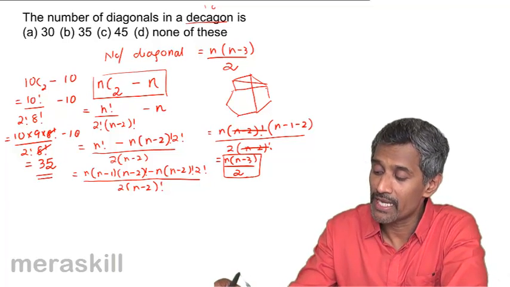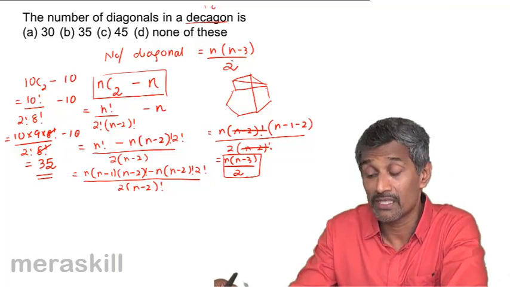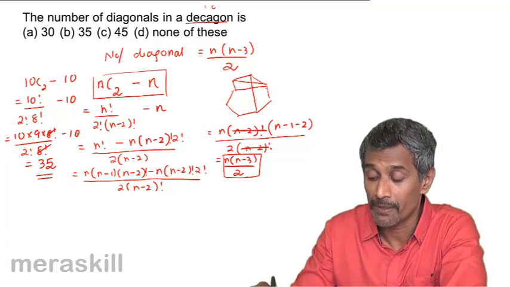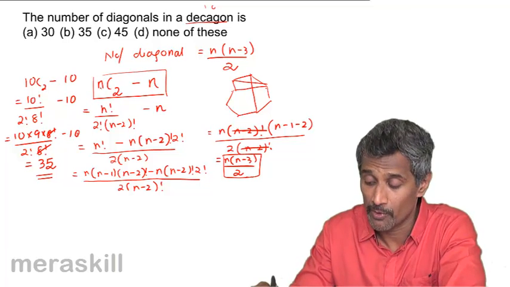So we can either use n into (n minus 3) by 2, but just in case you forget this, we can use nC2. That is, you're picking 2 of them out of n non-collinear points.